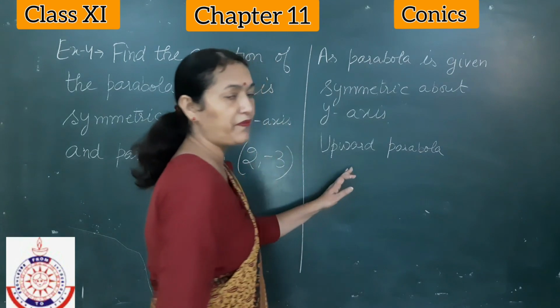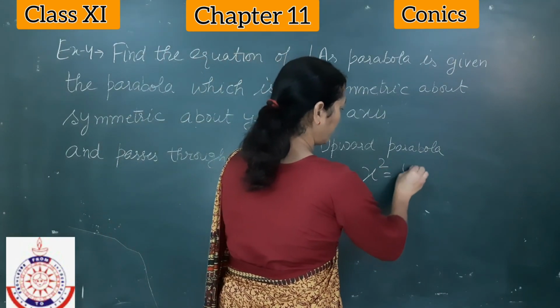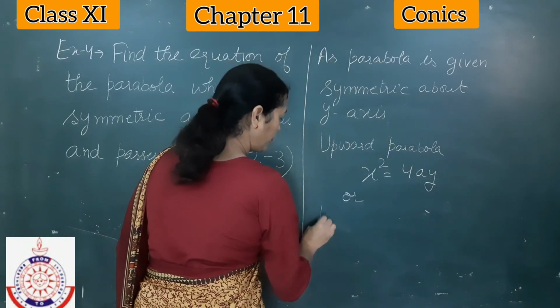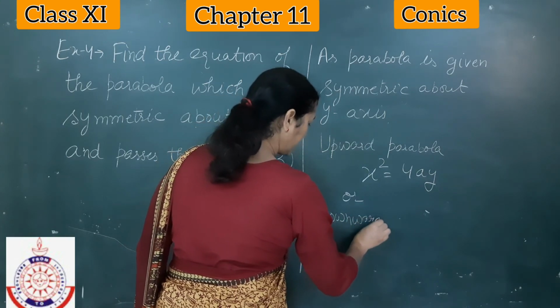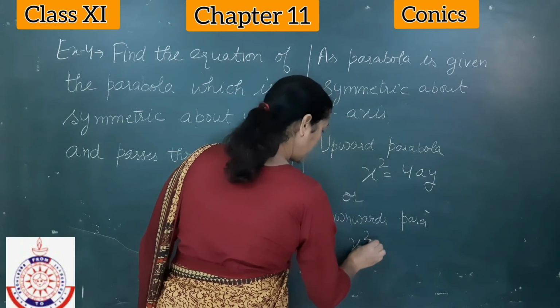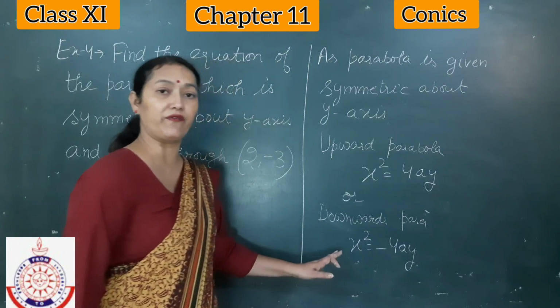In case it is an upward parabola, the equation will be x square equals 4ay. Or it can be a downward parabola, in that case, the equation will be x square equals minus 4ay.